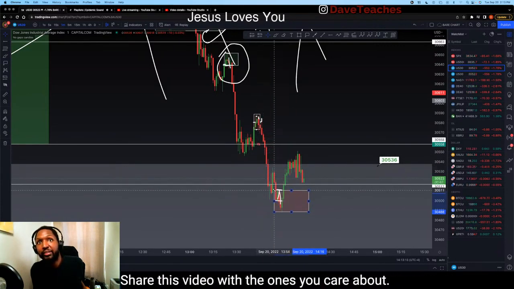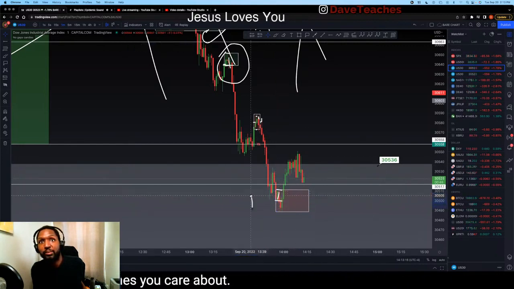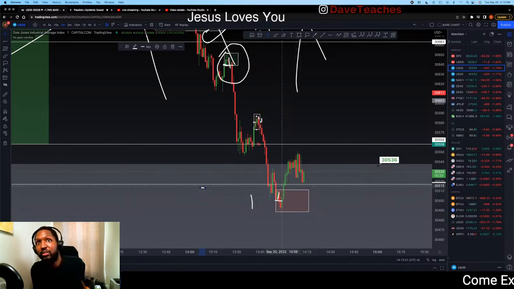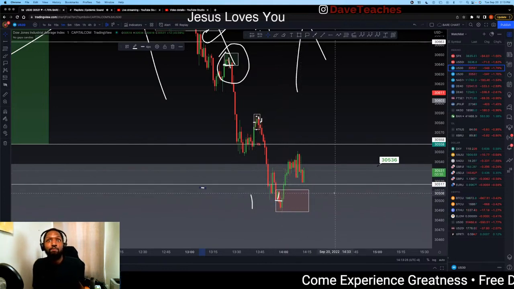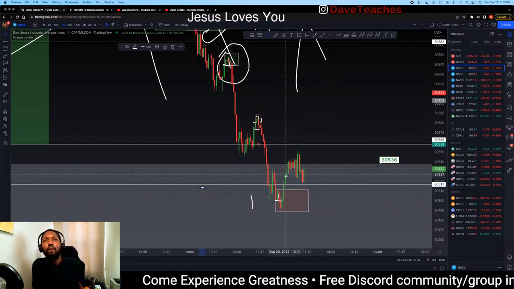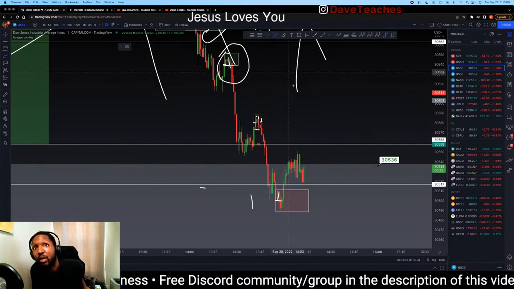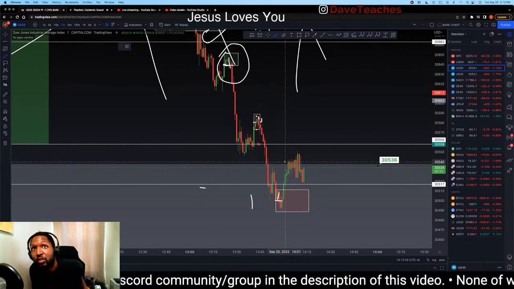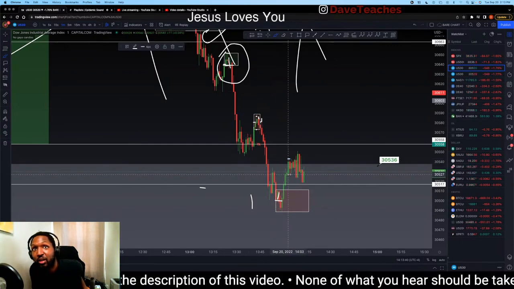Just move this back down here, because this is the area that broke structure to the top side. Then you have a little tiny imbalance inside of it, so just watch that. And look at this sequence, guys. This is what I want you guys to see. So look, we have this high right here. We have this low.